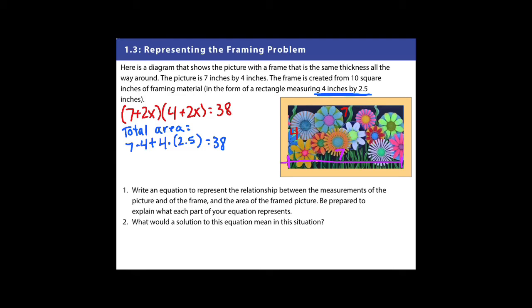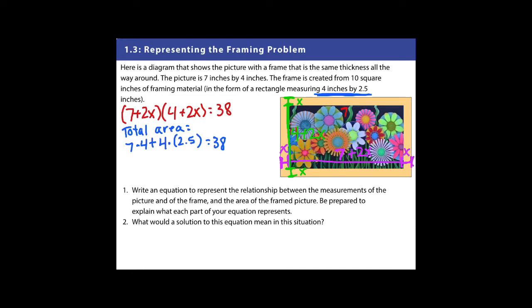But then we're going to add the frame also, and this is going to be our x. And so we're adding 2 x's to the 7, so it would be 7 plus 2x. And then if we are looking at our height, this right here is 4, but again we need to add x's to include the frame. So that would be 4 plus 2x.